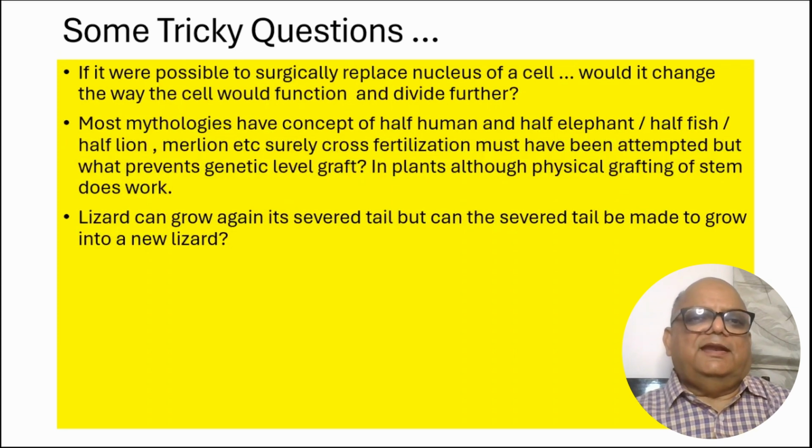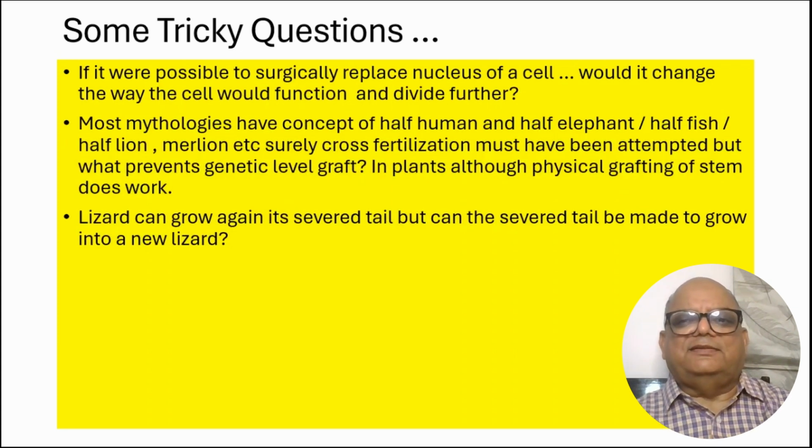Another tricky question is that lizards are known to shed the severed tail and they can regrow the tail. But can the severed tail, if it is nurtured in a system, grow into a new lizard? That is the question.